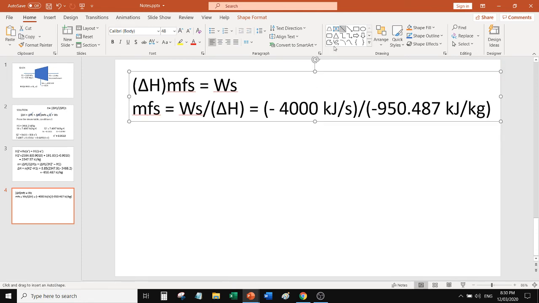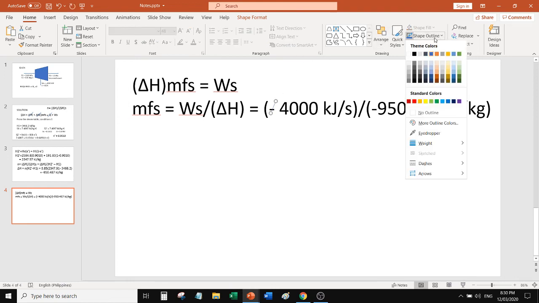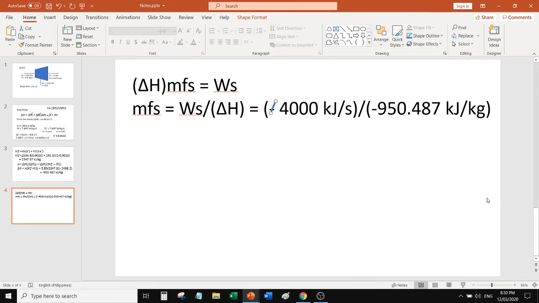Magka-cancel yung negative sign, magka-cancel yung kilojoules.